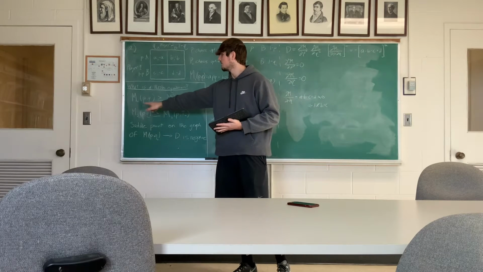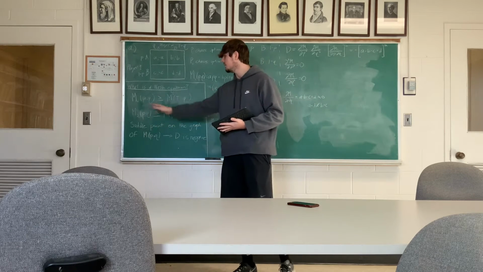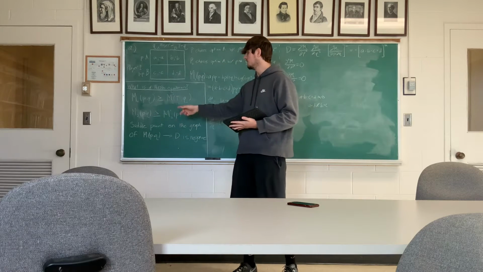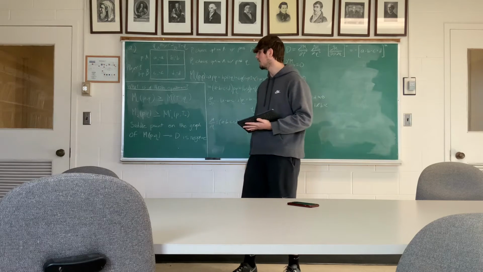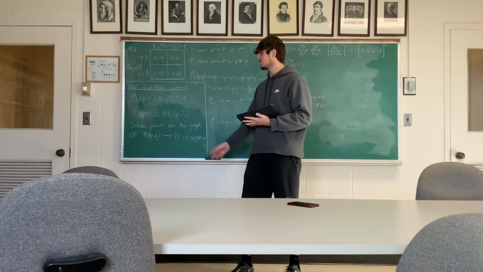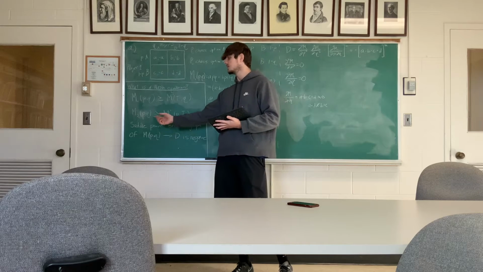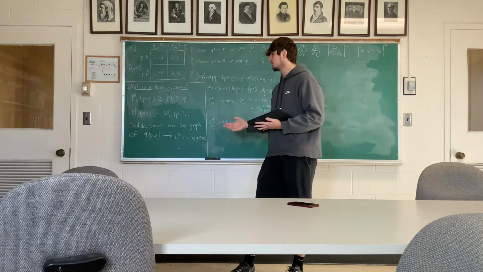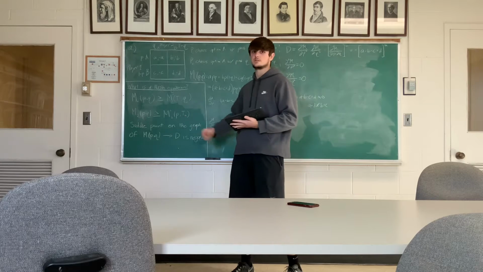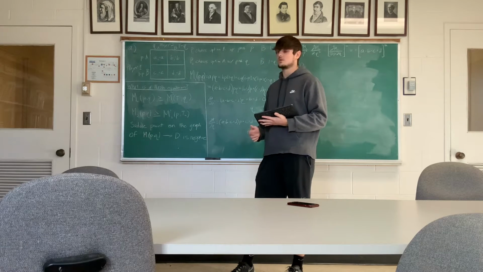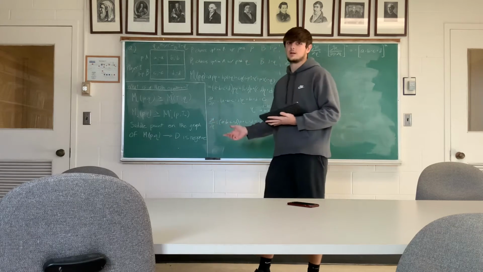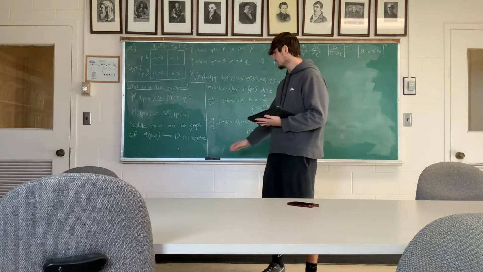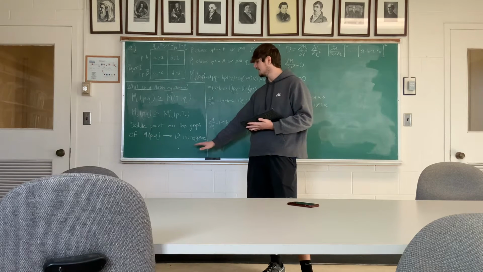So right here, the payoff for player 1 with strategy P is greater than or equal to the payoff to player 1 with a change in strategy, shown by T sub 1. And we show the same thing down here: the payoff to player 2 using strategy Q is greater than or equal to the payoff when he switches to strategy T sub 2. A Nash equilibrium can also be seen as a saddle point on the graph of the payoff function, and with this saddle point, we just mean that the determinant, or D, is negative.